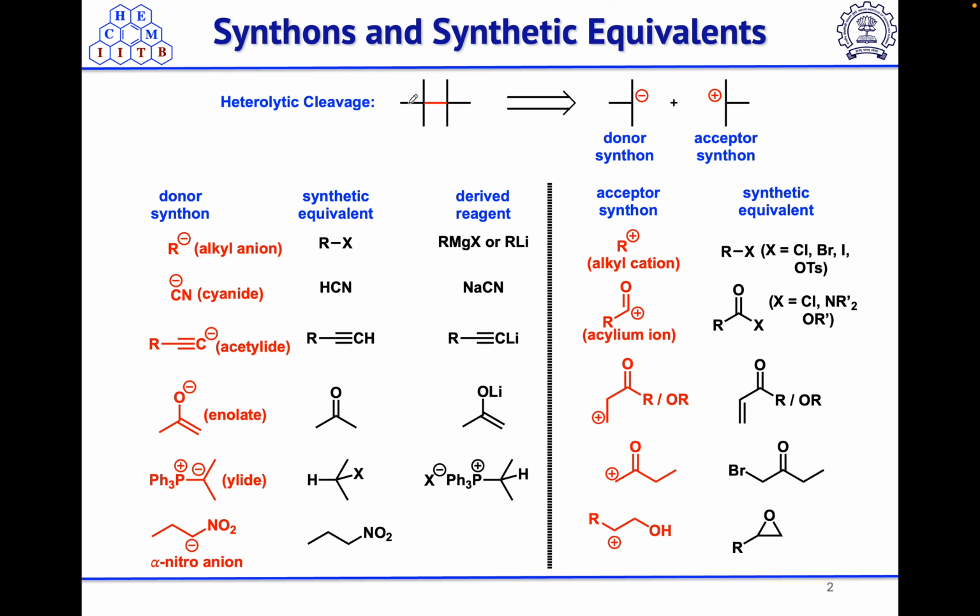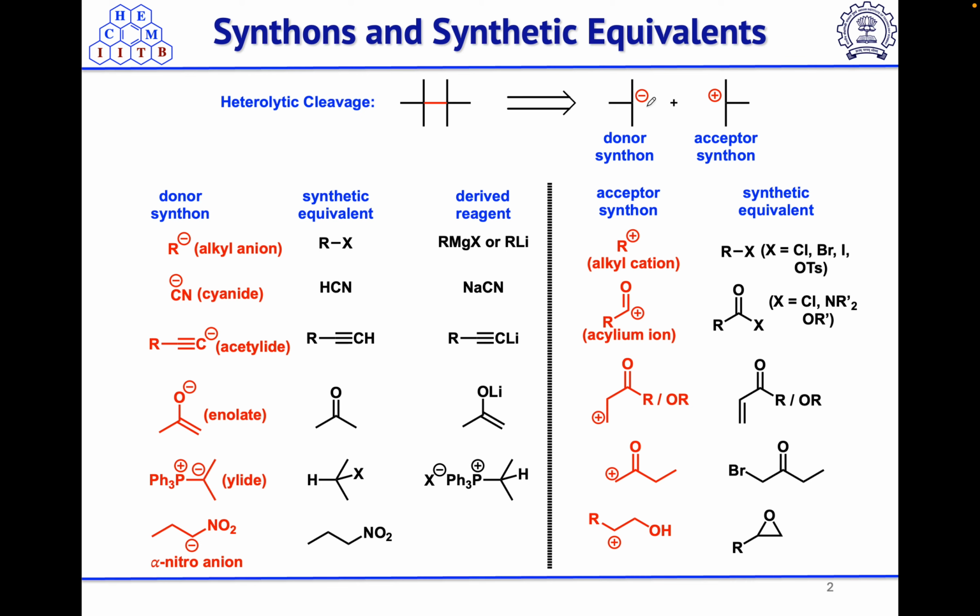In the first case, if they share the electrons, it will be homolytic cleavage, where the breaking happens in a homolytic fashion. But if one of the carbon atoms takes two electrons from this bond, that will be heterolytic cleavage. In heterolytic cleavage you end up with a carbon with negative charge and a carbon with positive charge, meaning a carbocation and a carbanion. This is very obvious.